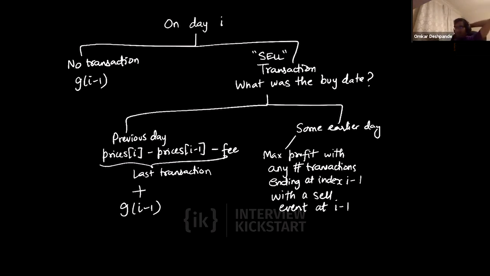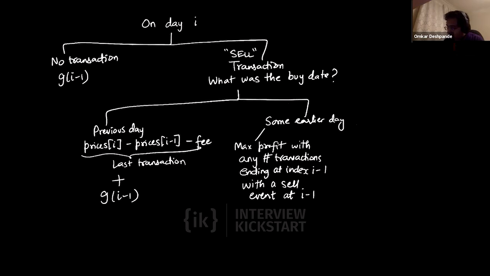So I'm expecting from my subordinate, what's the best possible history up to your index, such that there's a sell happening at your index. Because I'm going to take that and add the delta in the price to get the best possible history up to my index, within this subcategory where the buy happens on some earlier day.